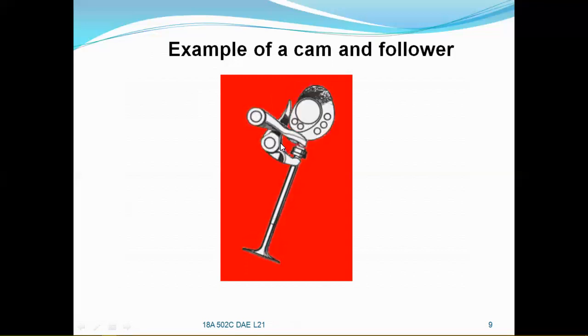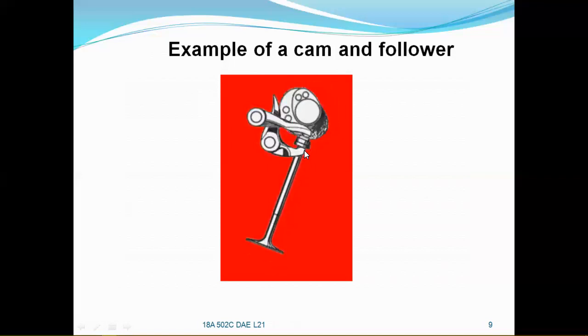Due to the oscillating motion of this rocker arm, as it remains in contact with the cam, the other end of the rocker arm, which is connected to the valve, also oscillates, and thereby the valve has reciprocating motion.